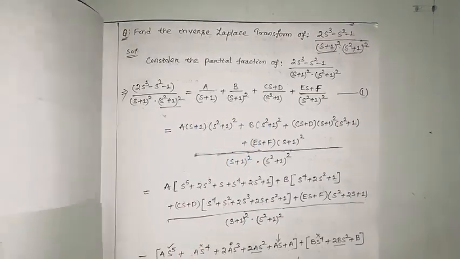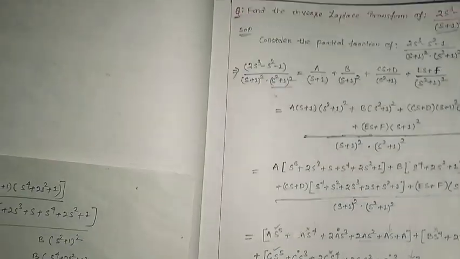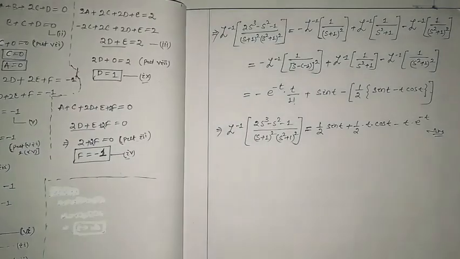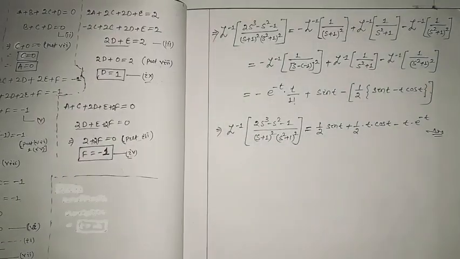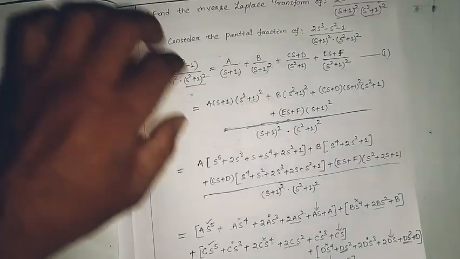We get equation number 1 as this one. A and C are 0. So here A value is 0. This term will be cancelled out, and B is your minus 1. That's minus 1 by (s plus 1) whole square, this term is there. Then C is 0, because A is 0.